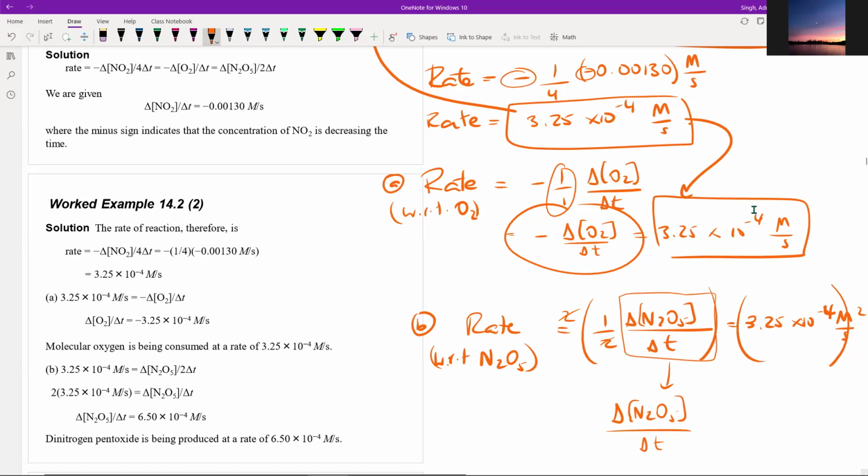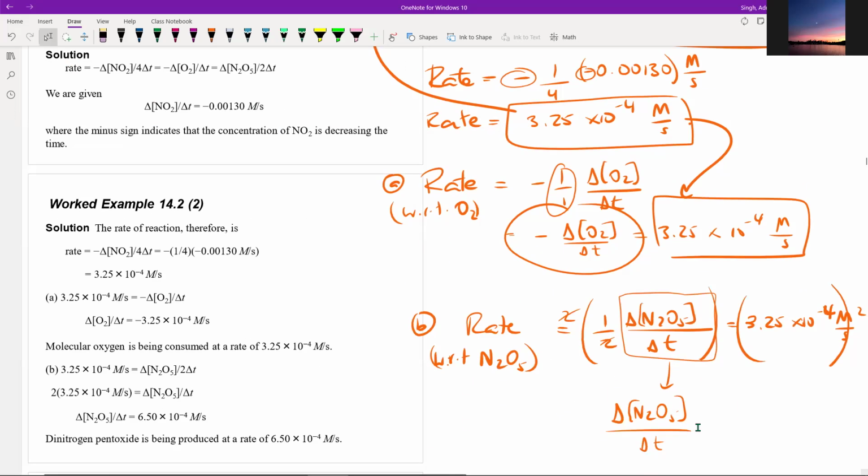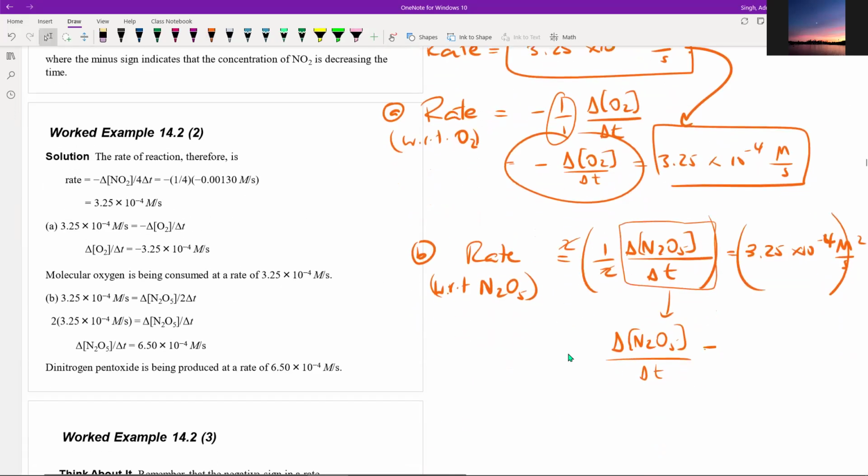I'm being asked the rate at which the dinitrogen pentoxide is being produced. That is what that expression means. And I solve the right side of this equation, multiply that by 2. What do I get? 6.50 times 10 to the negative 4 molar per second. Right, so we can solve it that way.